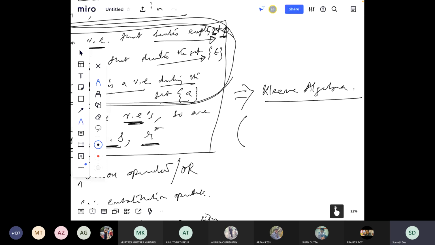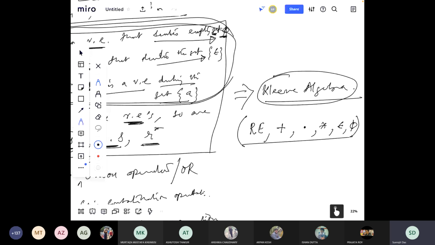If I impose Kleene algebra to define regular sets or regular expressions, a regular expression is nothing but a Kleene algebra that operates on operators like plus, dot, and star with epsilon and phi as the basic building blocks. So this is an algebra, right?